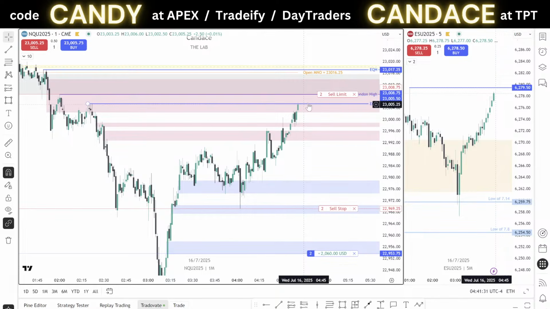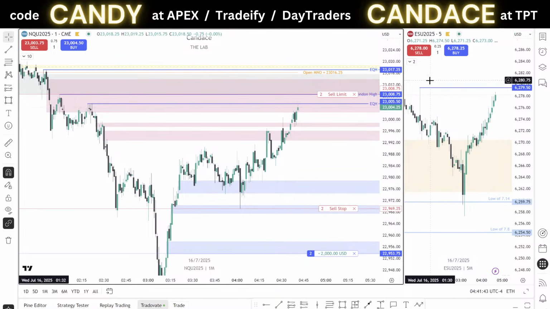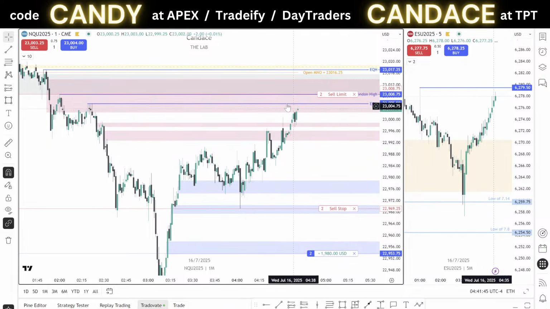Okay, just sweep the equal high. Okay, we're gonna keep an eye on ES. If it sweeps this week, then I'm gonna close the position even if the price didn't hit my final TP. But I think it's still possible.